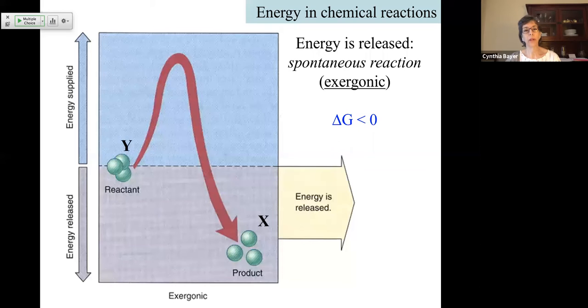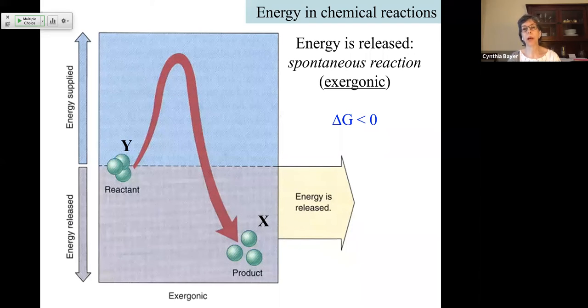Now, what we also see is that Y is not always converted to X because this chemical reaction has to overcome this energy barrier that we call the activation energy. And that activation energy can be supplied by a spark, by an energetic molecular collision, by raising the temperature of the reaction.